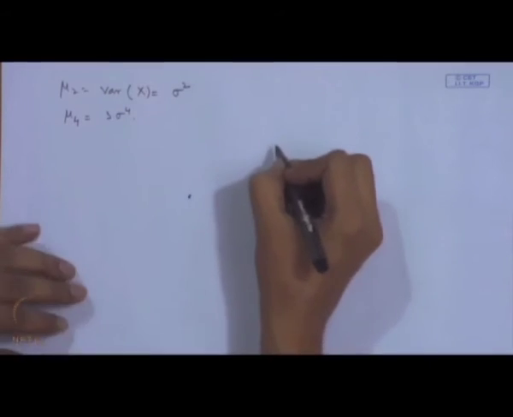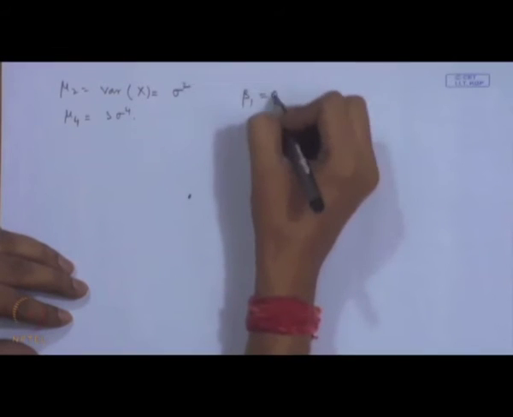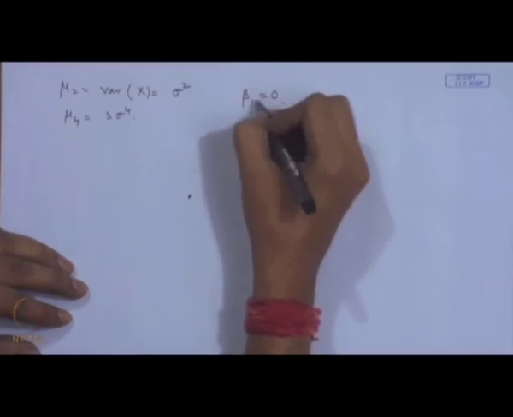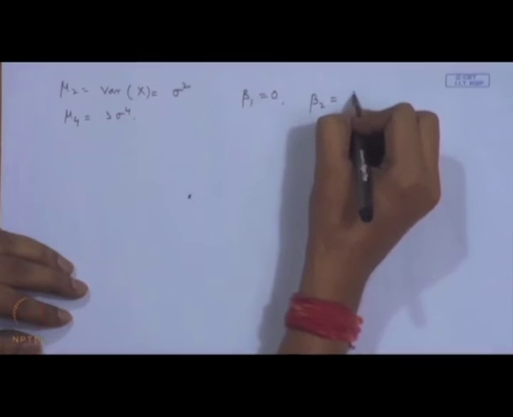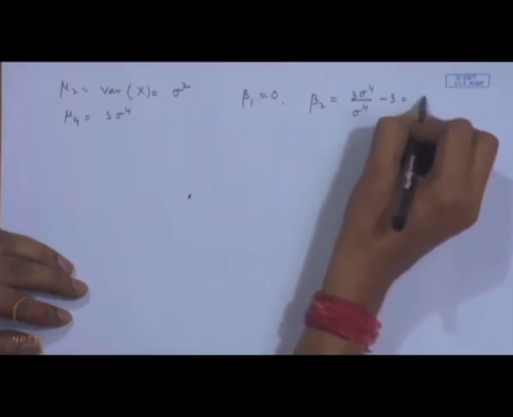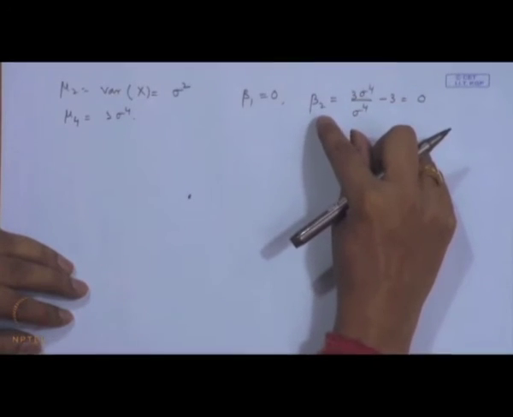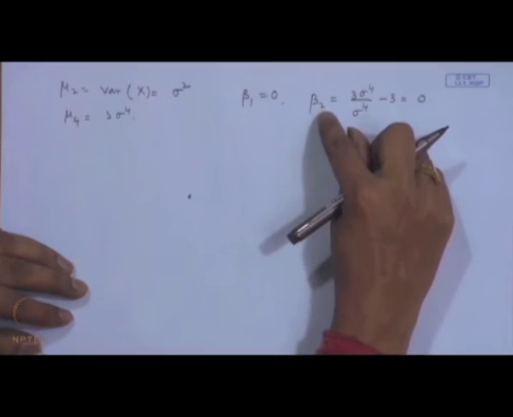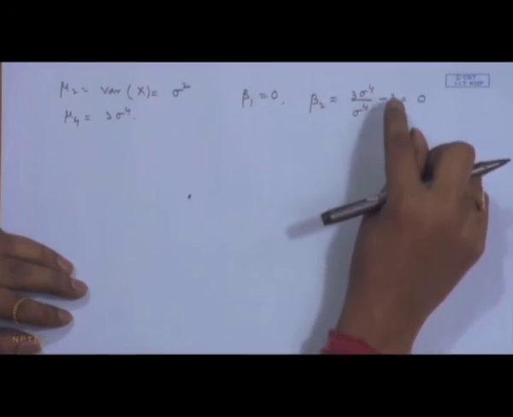Now, let us look at the measures of skewness and kurtosis. Certainly, since odd ordered moments are 0, mu 3 is 0. So, beta 1 is 0 and beta 2 is also equal to 0, because it is 3 sigma to the power 4 divided by sigma to the power 4, minus 3. When we defined the measure of kurtosis or peakedness, we defined it as mu 4 by mu 2 square minus 3.